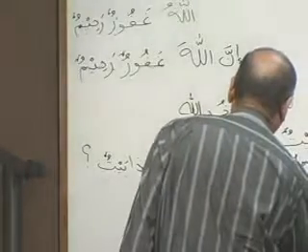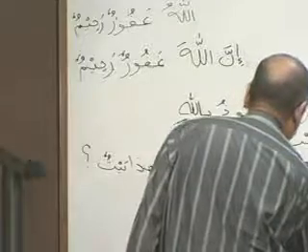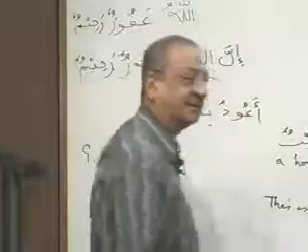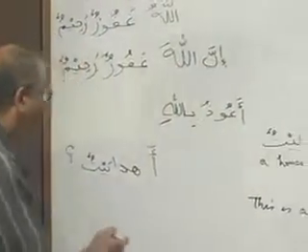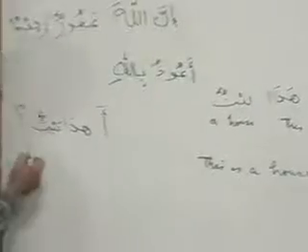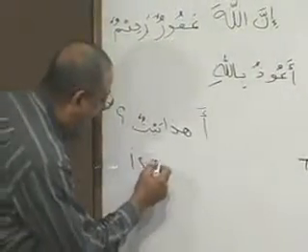Let me write down properly. This is a house. Okay, brothers and sisters, this is a house. How about here? Is this a house?